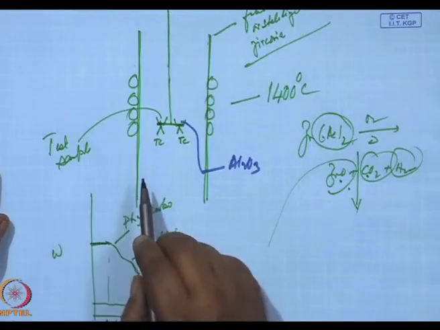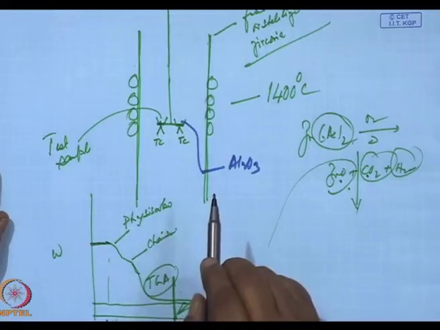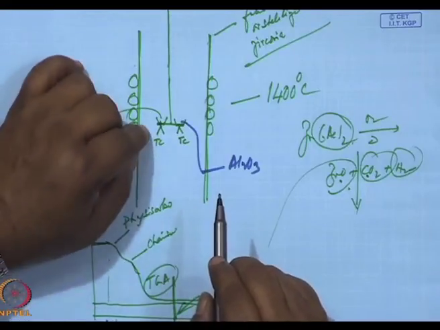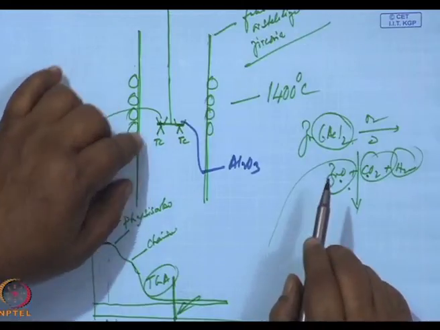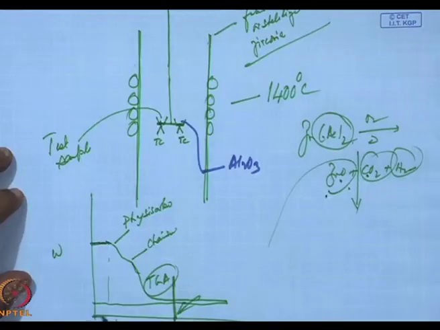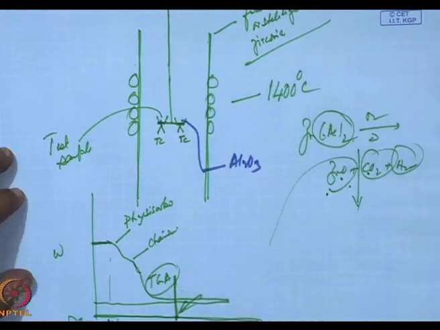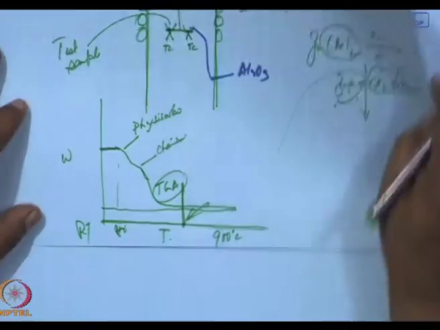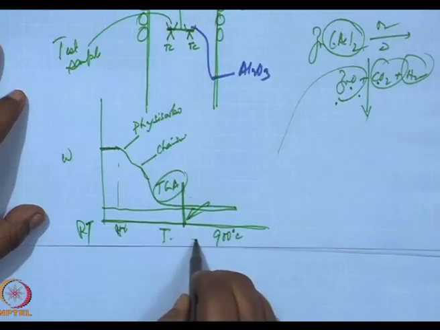I have said alumina does not undergo any chemical change, but this test sample does, as I have told of zinc acetate over here. So during this run, say I am going along this temperature, from room temperature to say 900 degrees centigrade in air.